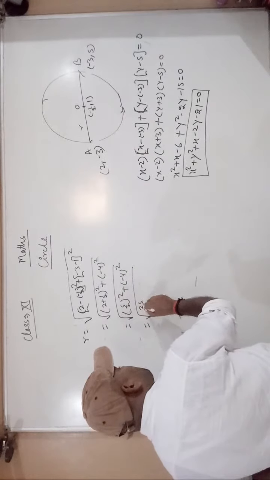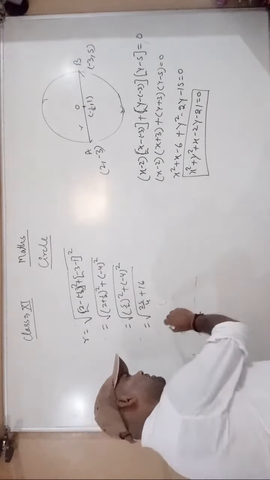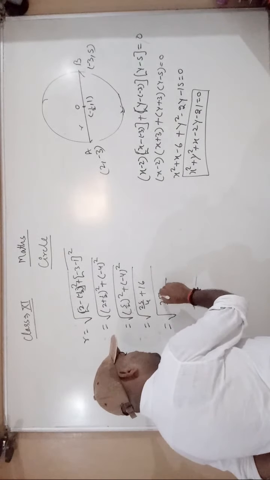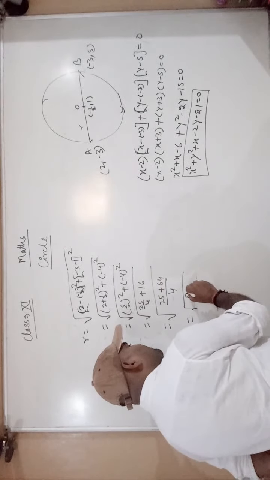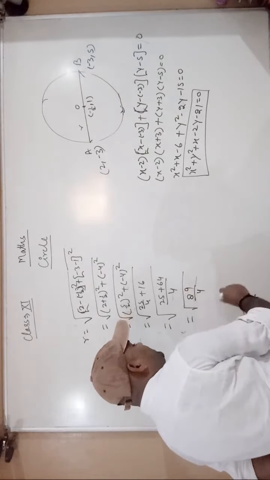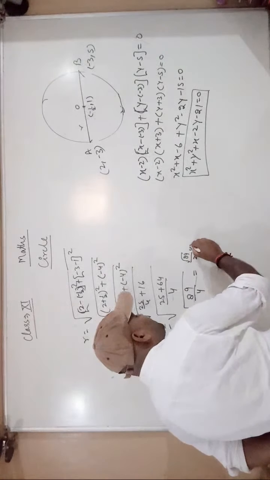This becomes 25 by 4 plus 16. If you add with the LCM, 25 plus 64, what happened? 81, sorry, 89 by 4. 89 by 4 means radius is under root 89 by 2 units.